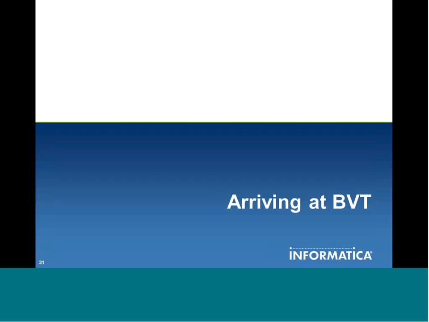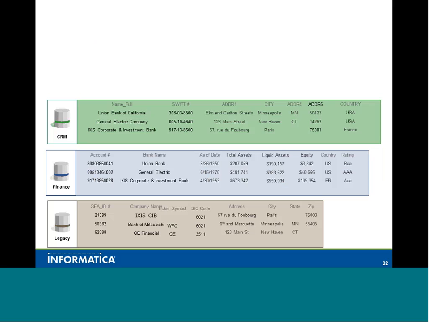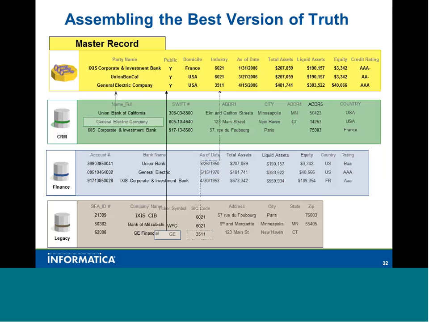So once all the matching and merging has been done, we arrive at BVT. Now, what is BVT? BVT is just the best version of truth. The way it's assembled is through trust and validation rules. Once the records go through the entire process of stage, load, match, and merge, we get a consolidated view on which we can base our business decisions and make informed decisions.